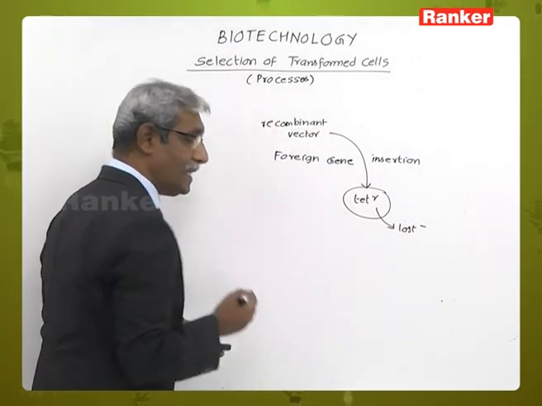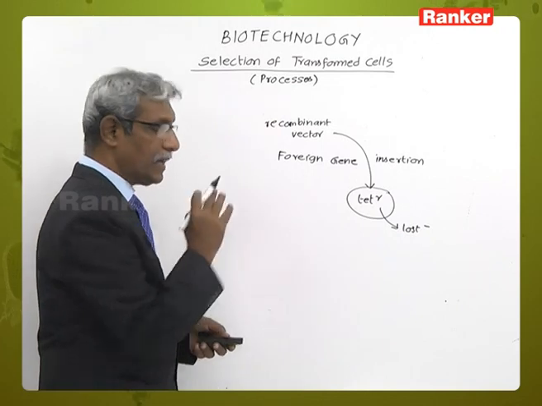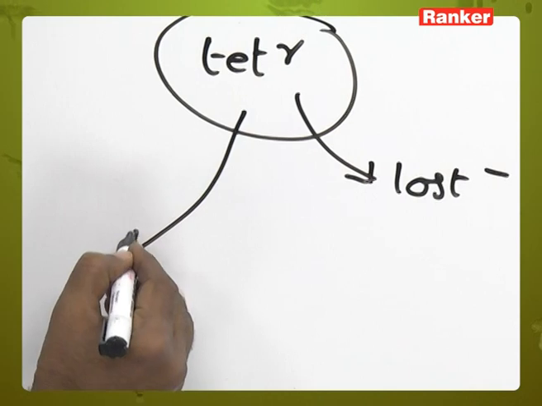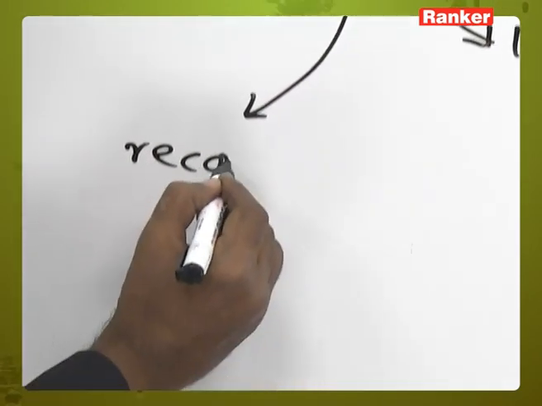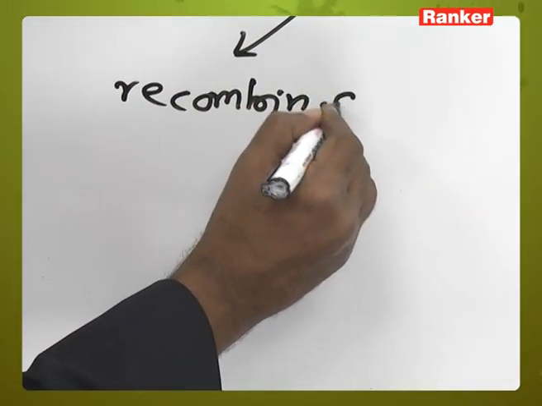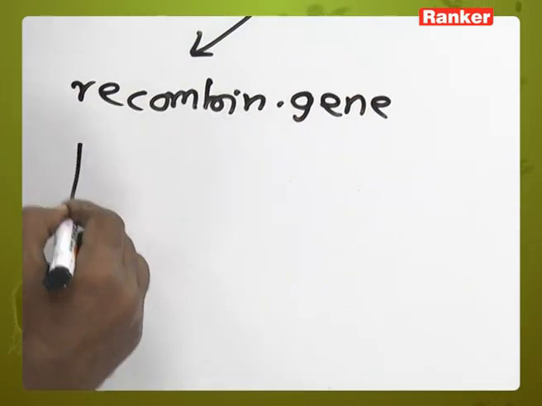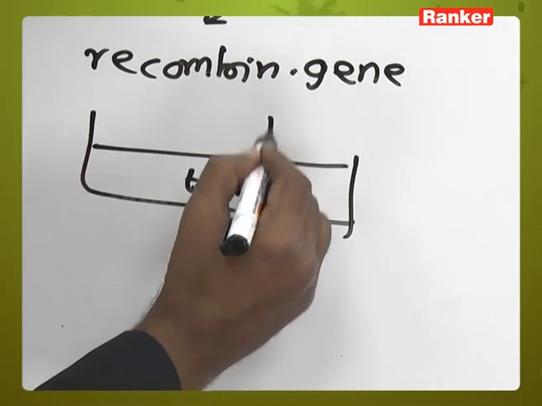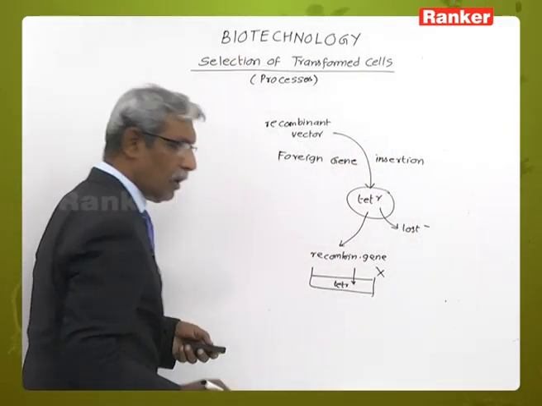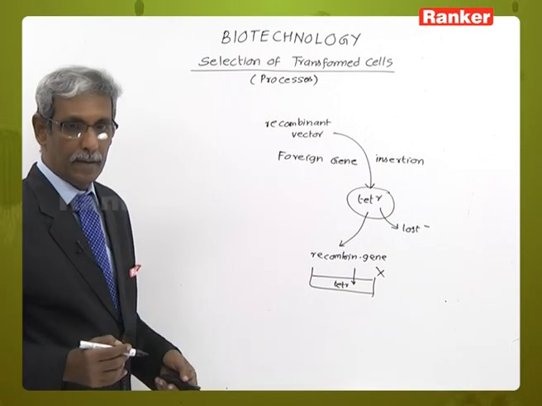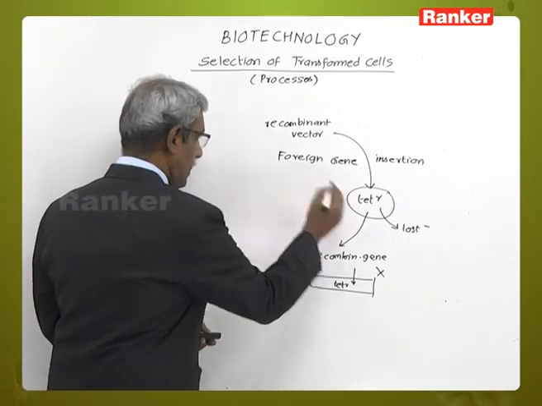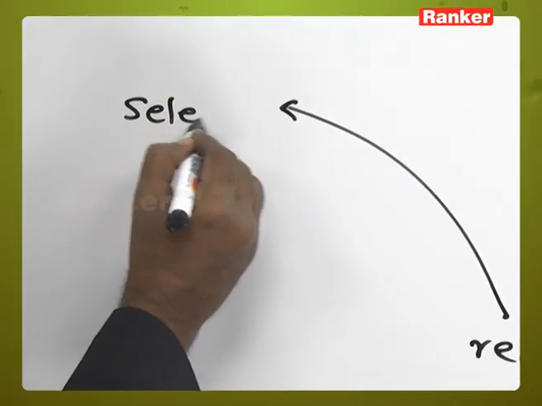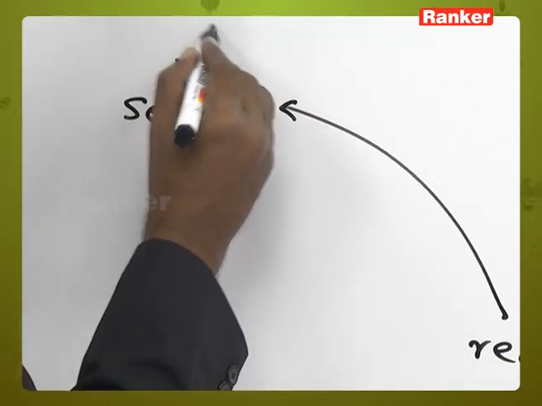So, it becomes Tet minus, because it interferes with tetracycline resistance, and thereby this recombinant cannot grow in a medium which has got TetR. It cannot grow in a medium which has got TetR, but still the recombinant gene can be selected.